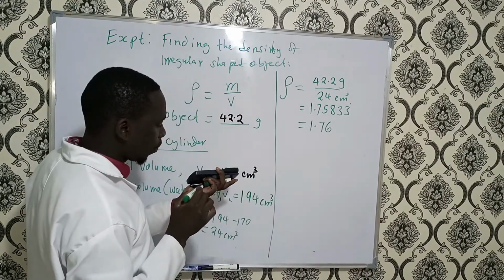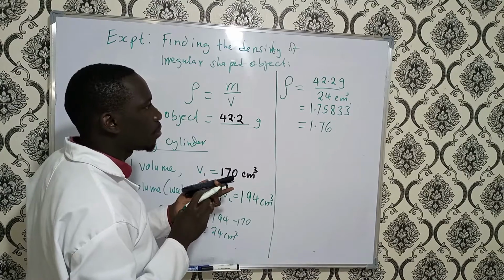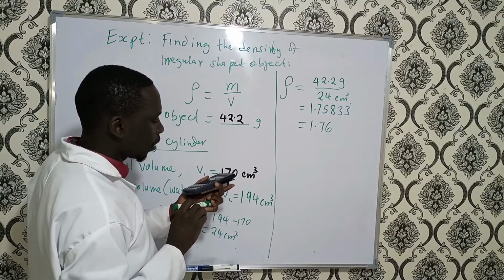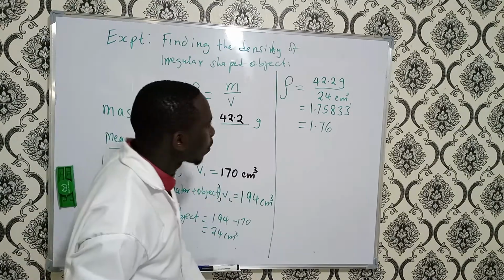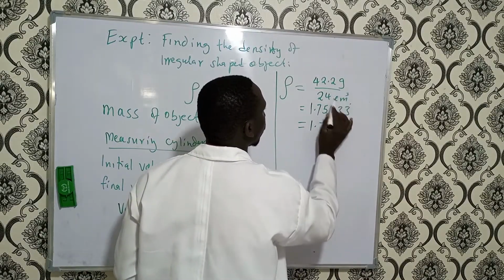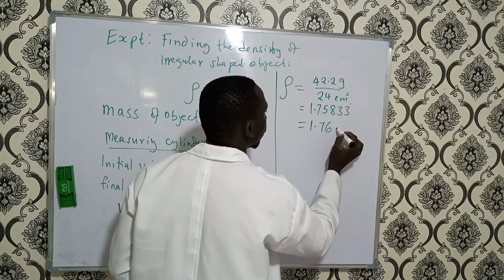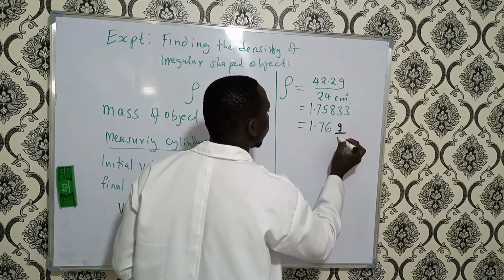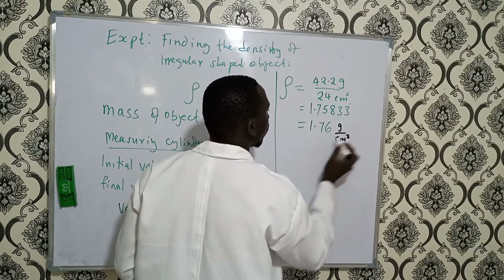And then look at this. What is the unit? How do we know the unit of density? Is it in grams per cubic centimeter, or is it in kilograms per cubic centimeter? Look at this. The mass is measured in grams. The volume is measured in cubic centimeters. So you have grams over cubic centimeter.